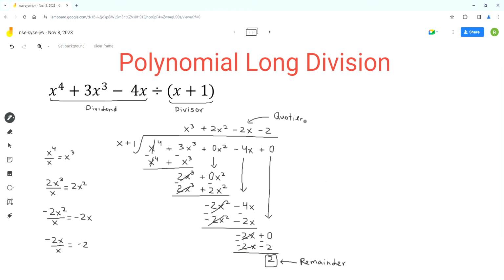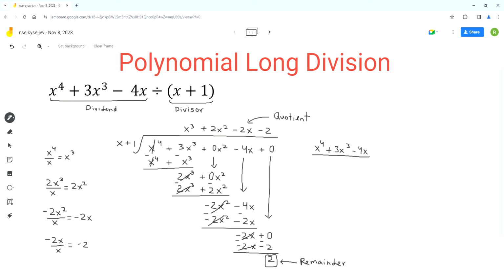Now we can summarize this division by writing a division statement. We start with the dividend: x to the power 4 plus 3x cubed minus 4x. When writing our answer, we don't need the 0x squared and the 0 terms we used for the long division, because that's only for making the process easier, and those terms don't change the dividend expression.